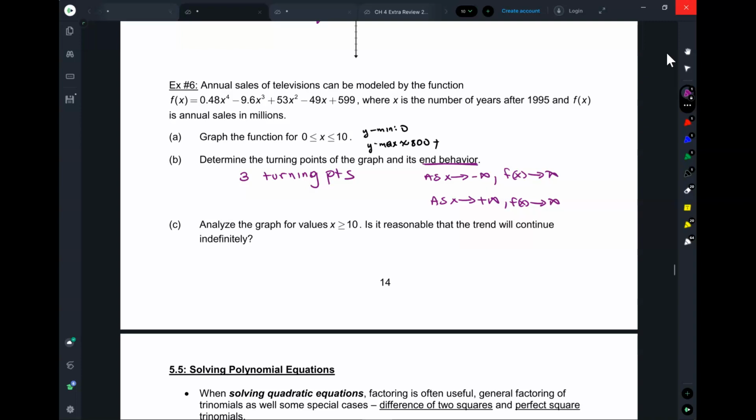No, because you can't make an infinite number. Even though the function mathematically can increase infinitely, when you apply it to the real life problem, you can't sell an infinite number of TVs. So you can say no, TV sales will not increase infinitely.